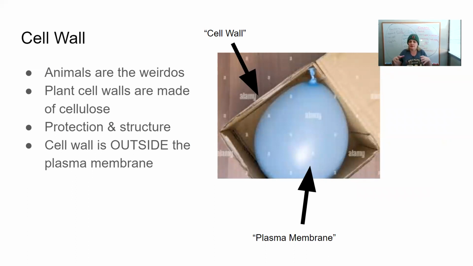If you think of it, it's really easy to stack up a bunch of cardboard boxes, right? So it's the same concept here, that the cell wall allows plants to have that structure that keeps them upright. And we'll talk about the vacuole in a minute and its role in providing structure, because what it does is it expands when there's a lot of water and pushes that plasma membrane up against the wall.